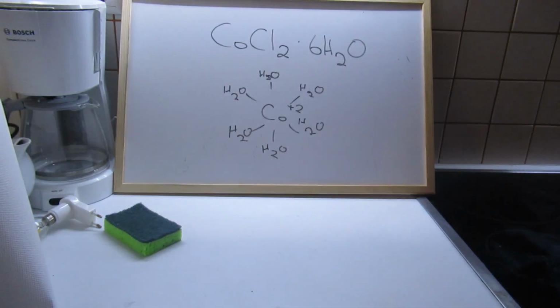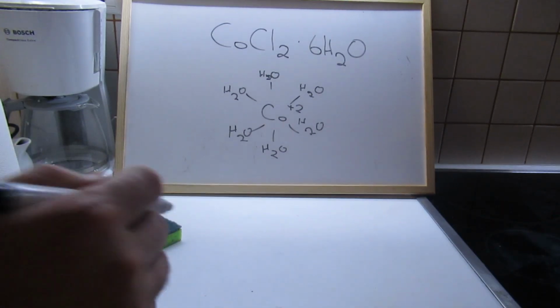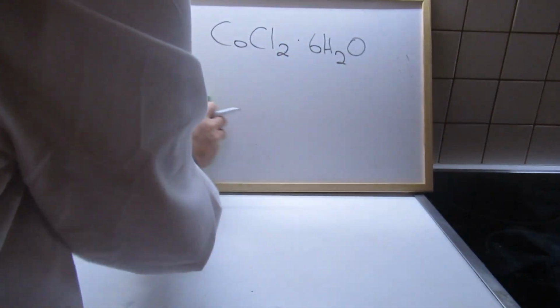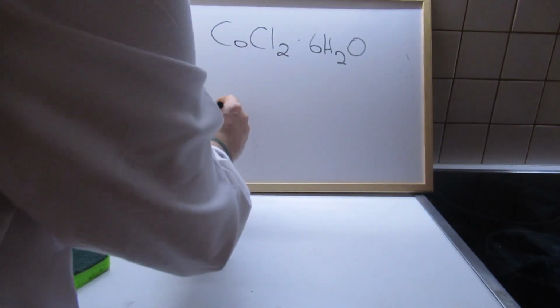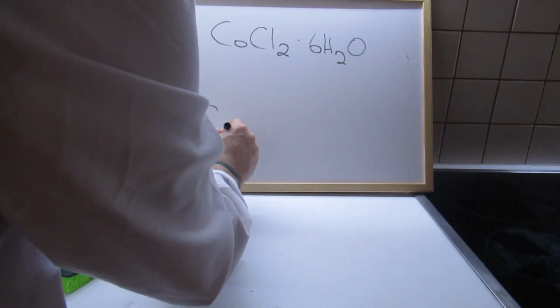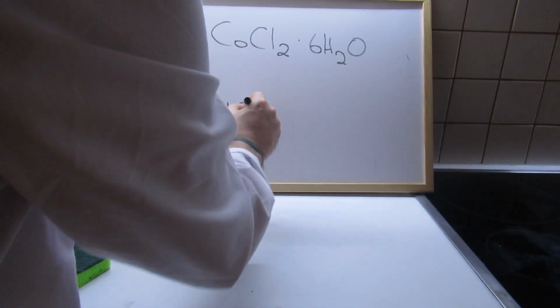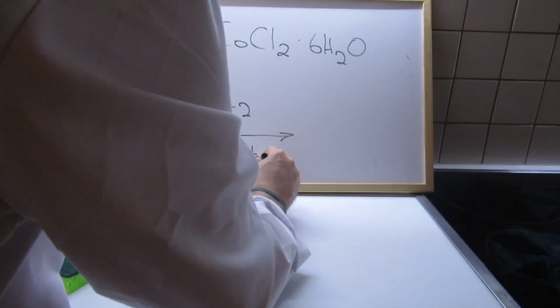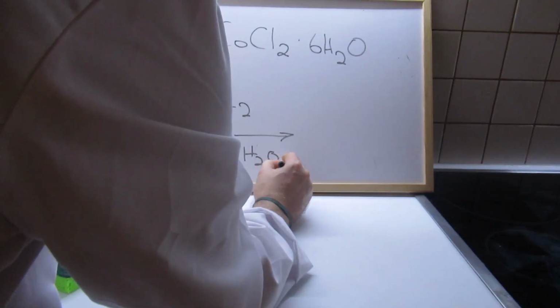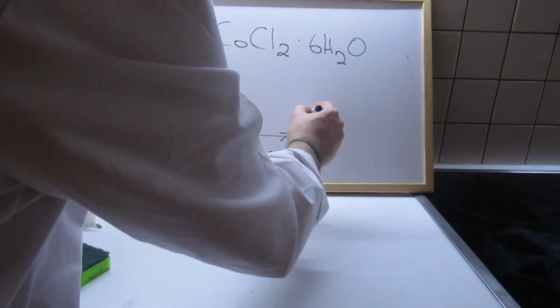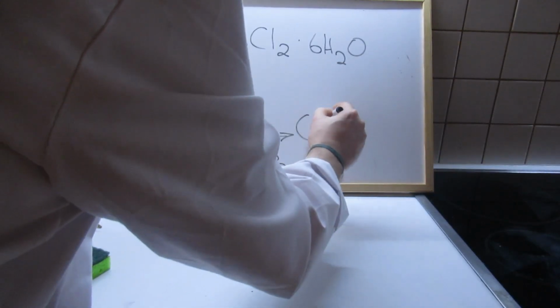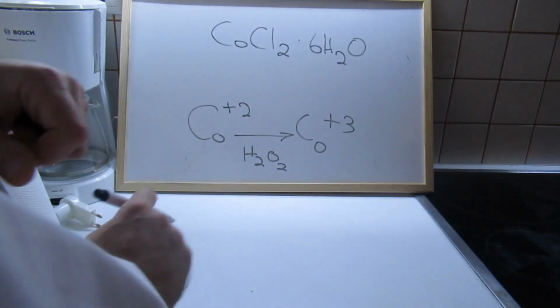Like that. So what we will be doing is oxidizing the cobalt with hydrogen peroxide to its +3 state.